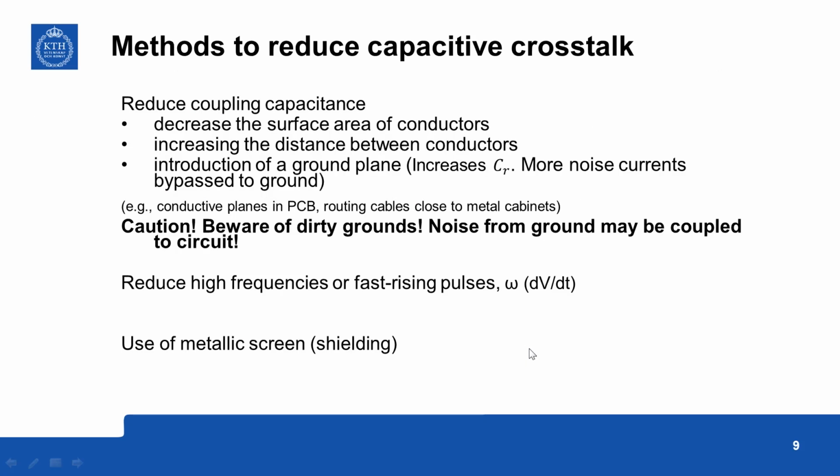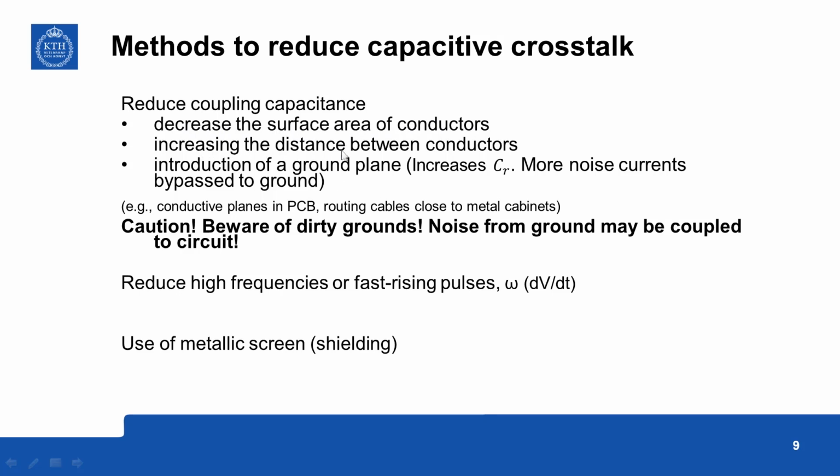Now, methods to reduce capacitive crosstalk. The first line is to reduce coupling capacitance as much as possible. From the chapter on non-ideal behavior of conductors, that's chapter 3, we have seen what influences the capacitance between conductors. If you reduce the surface area of conductors, you reduce the capacitance between the conductors.